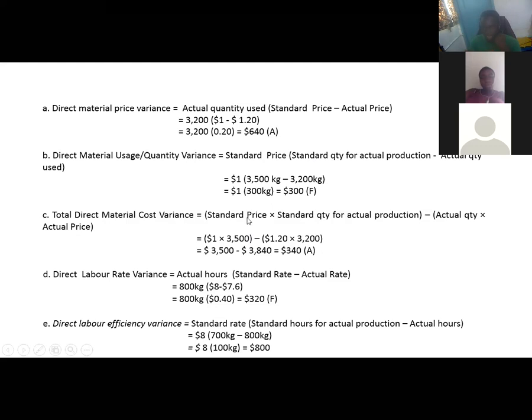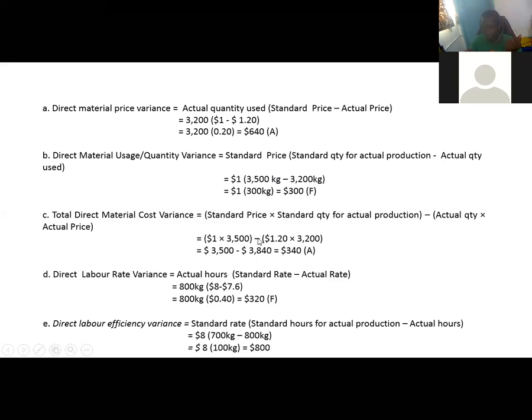So from standard price, we had what? $1, right? This is the standard price, $1. So you just record your $1 times standard quantity for actual production. We also did the workings for that, and we had 3,500 kilograms. So you bring it straight, 3,500 kilograms. Bracket closed. Minus, bracket open.